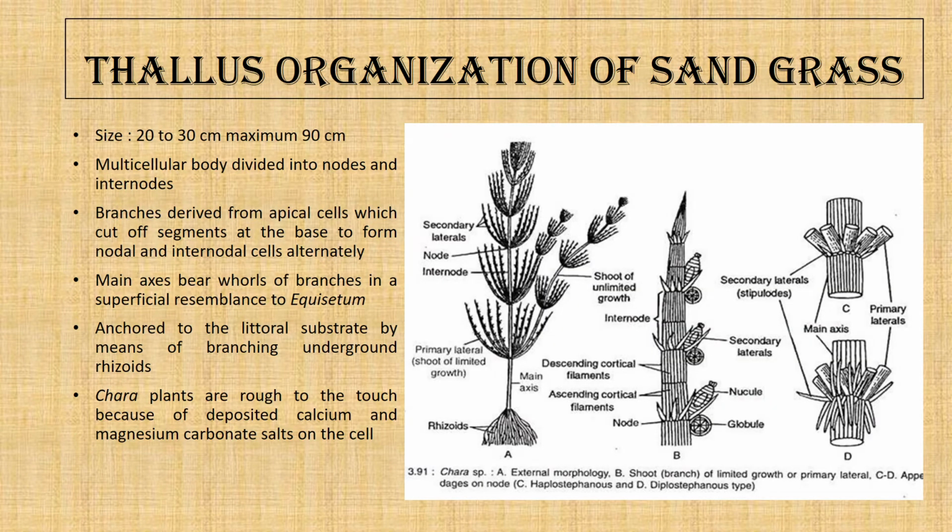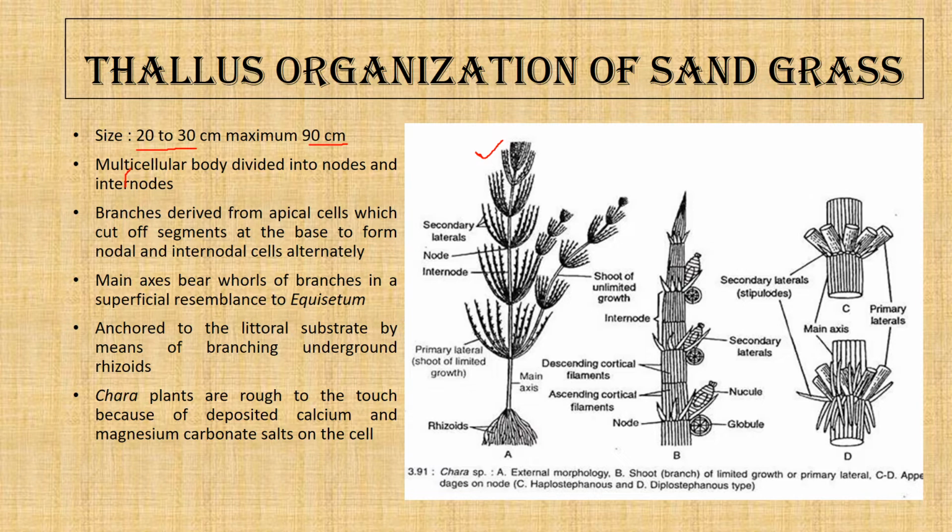Thallus organization of Chara. Chara is also called sandgrass due to its rough texture. It usually grows to a height of 20 to 30 centimeters, but depending upon the species, it can reach 90 centimeters also. The plant body looks like this, superficially resembling Equisetum or the horsetail.